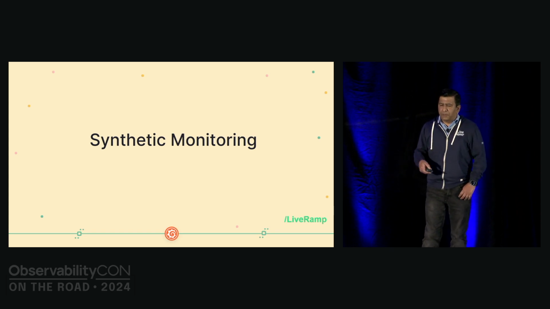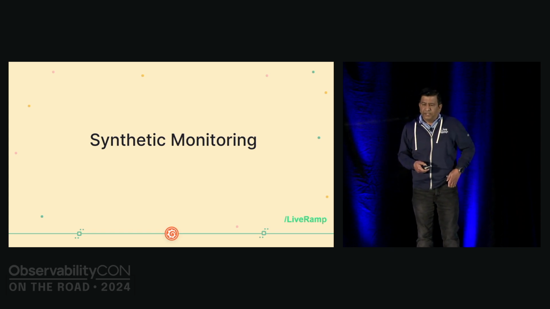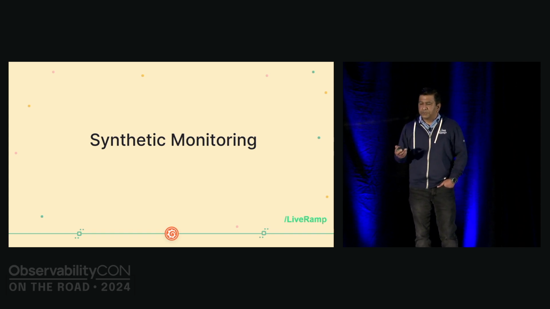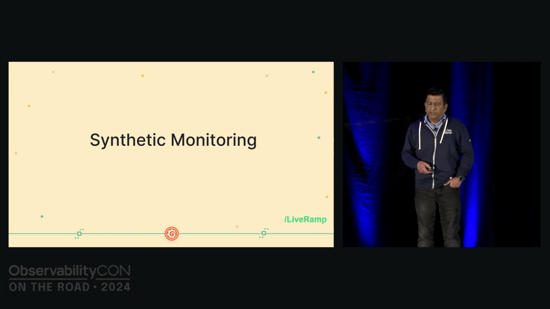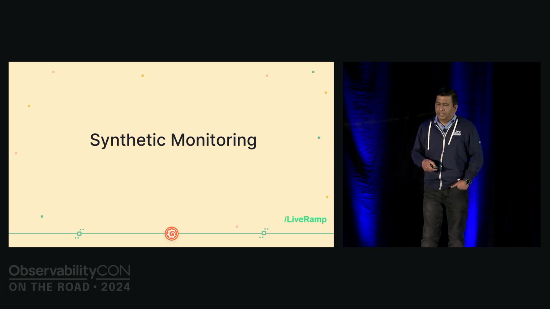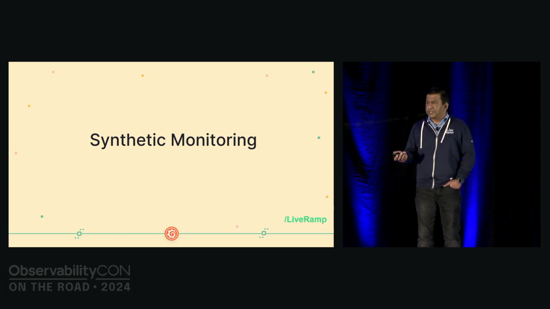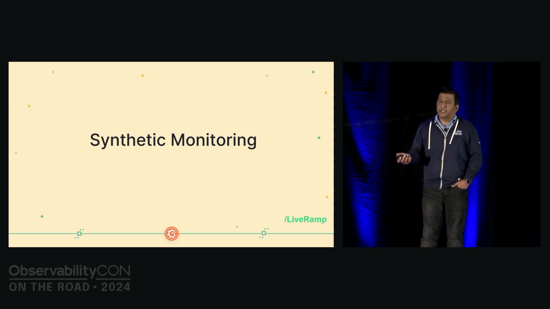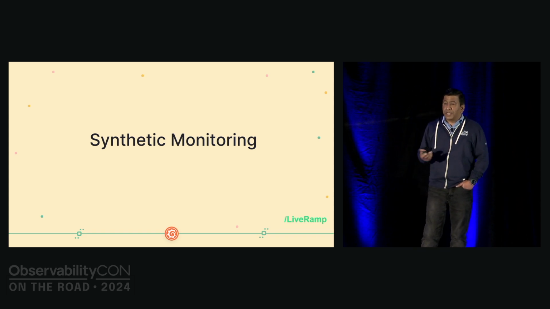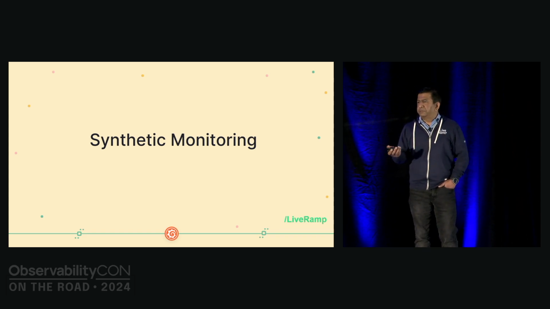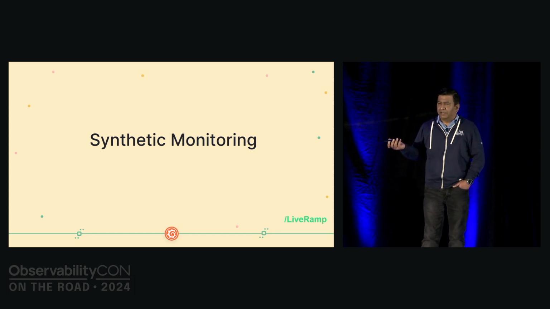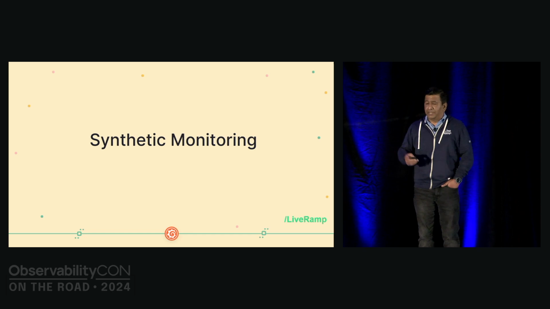So let's talk about synthetic monitoring. We know synthetic monitoring offers insight into the behavior of any service from an external perspective. It assesses the availability, performance, and correctness of a service. The targets can be a simple URL, a website URL, or even a server as well.